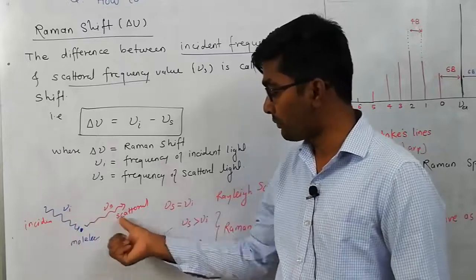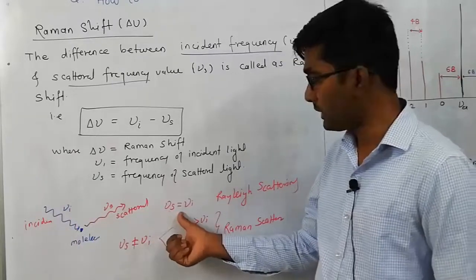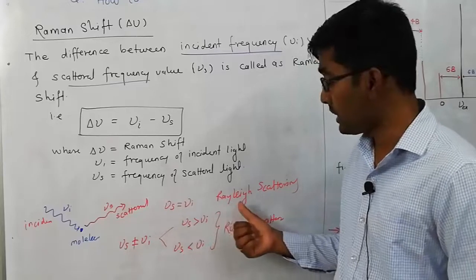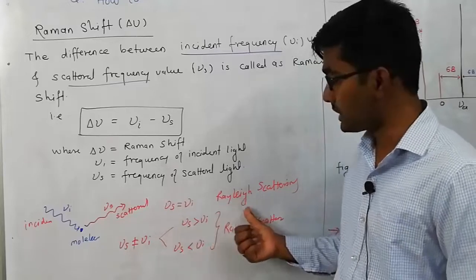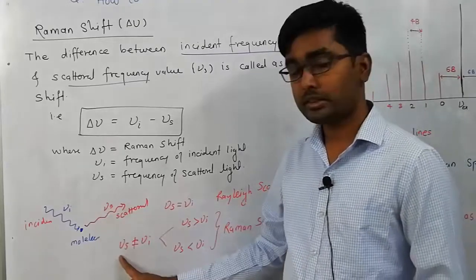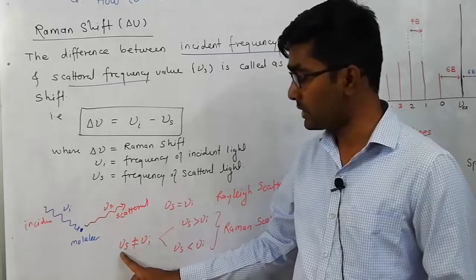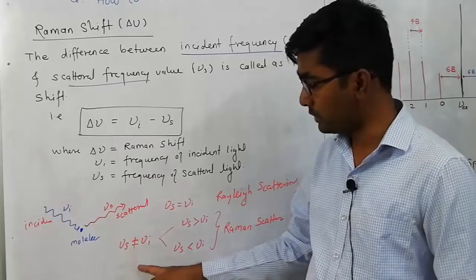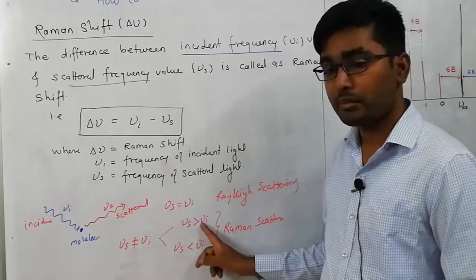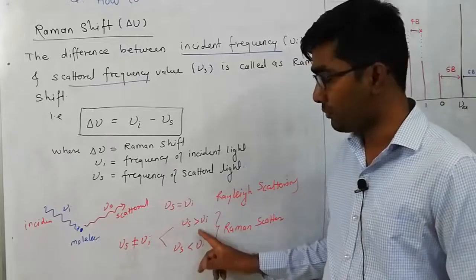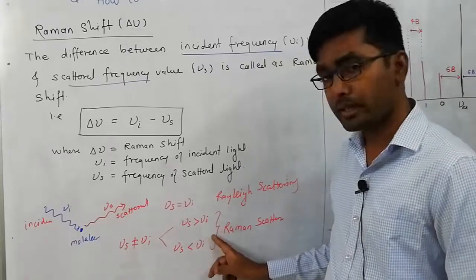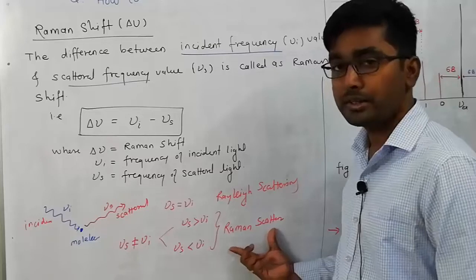When mu s is equal to mu I, the scattering is called Rayleigh scattering. When they are dissimilar, mu s is not equal to mu I, there are only two cases: mu s is greater than mu I or mu s is less than mu I. These two types of scattering are called Raman scattering.